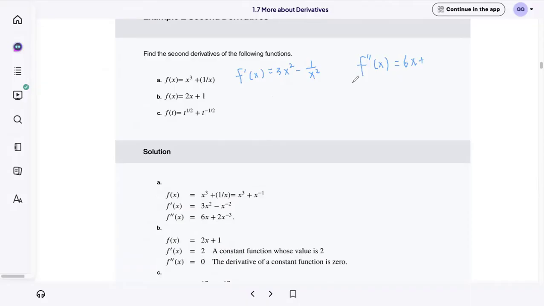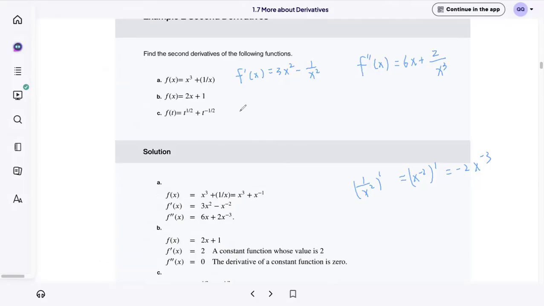Then plus, well, what is the derivative of 1 over x squared? That's x raised to -2. That's a -2, x raised to -3. Negative times negative is plus. So that's plus 2 over x cubed.